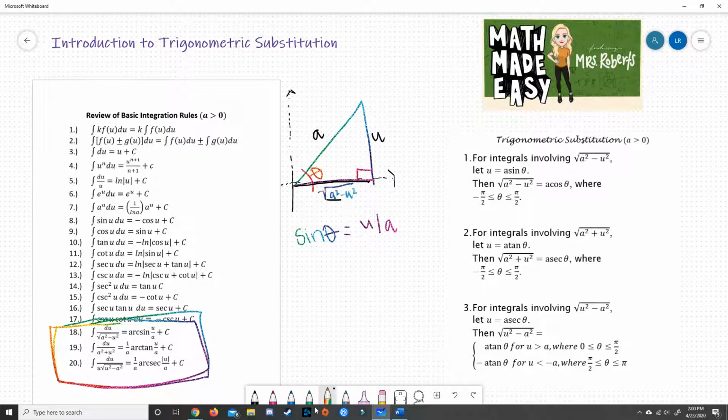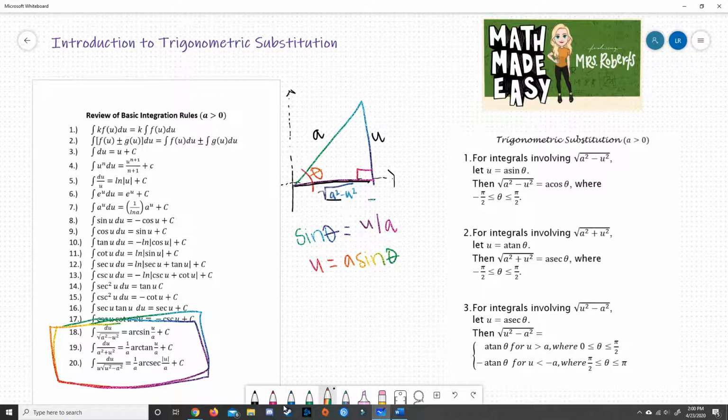And therefore, we could say that U equals A sine of theta. So we can say that U is A sine of theta, which means now I could put things in terms of theta.